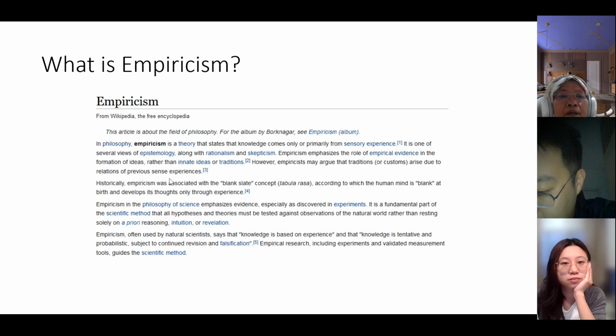Okay. So historically, empiricism was associated with the blank slate concept, which is tabula rasa, according to which the human mind is blank at birth and develops its thoughts only through experience.